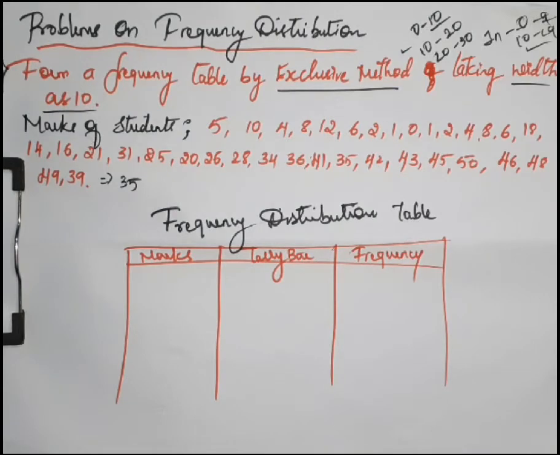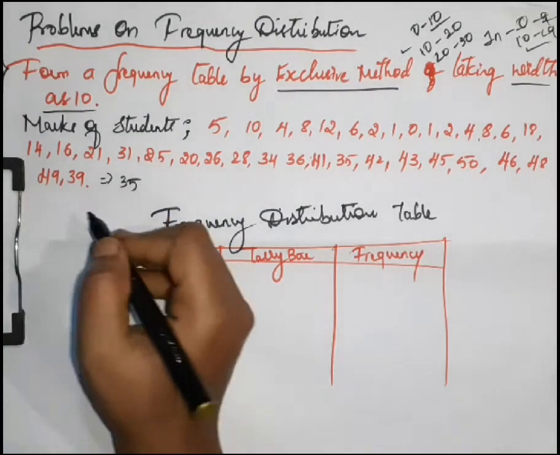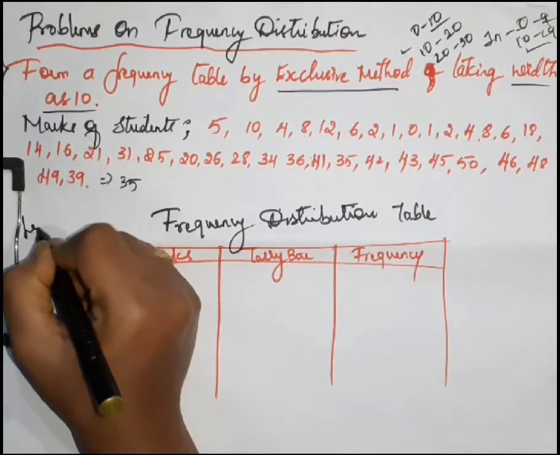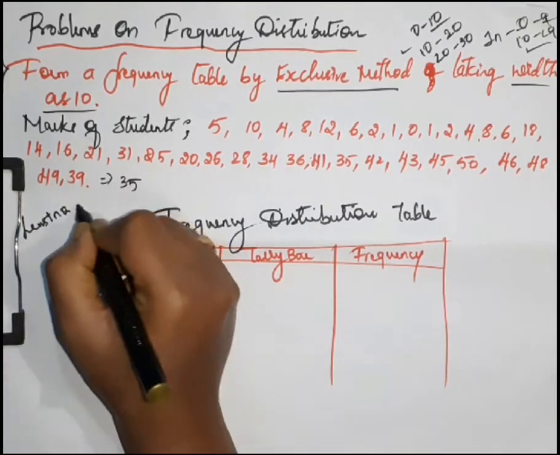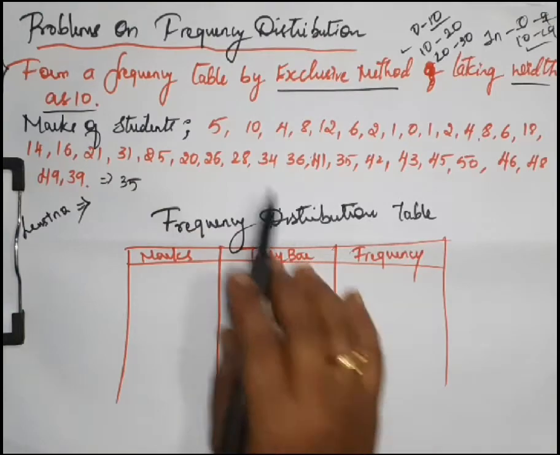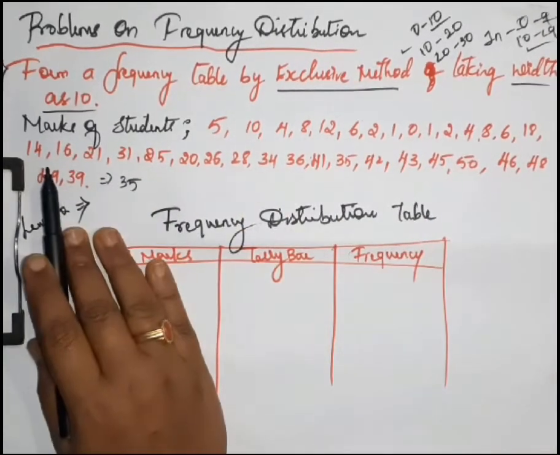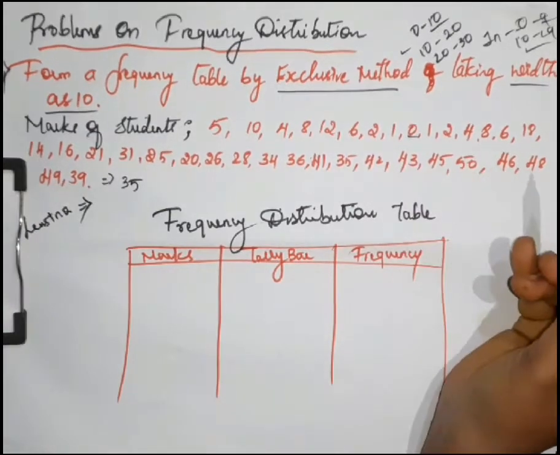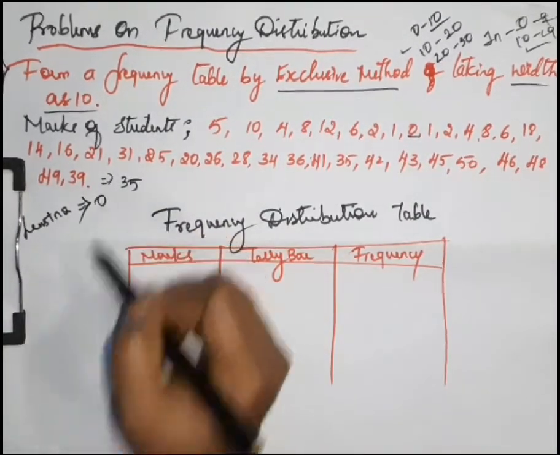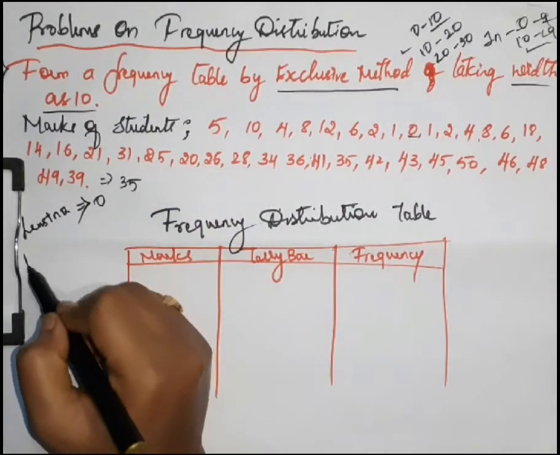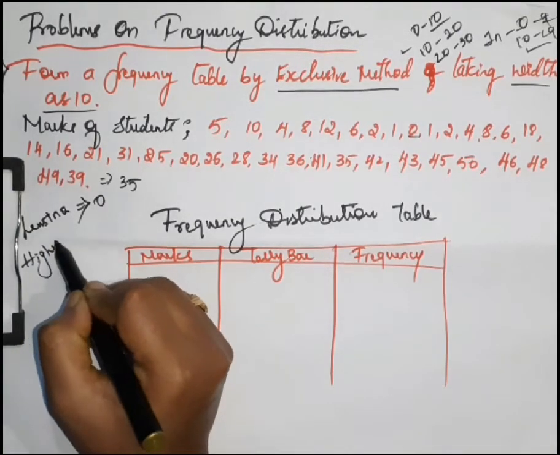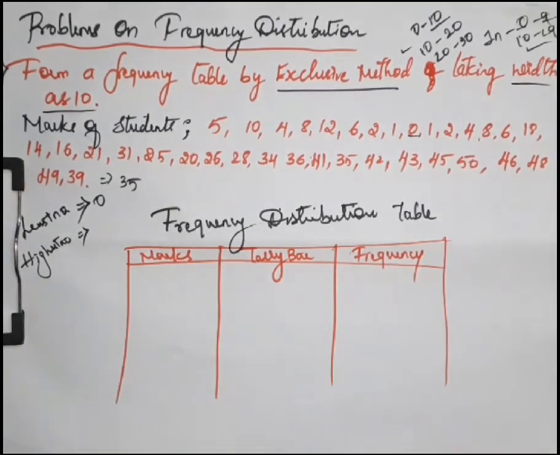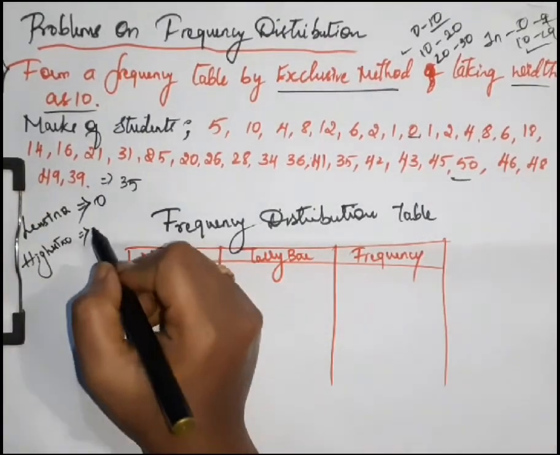To frame these class intervals, first we have to take the least number from the given information. Considering the marks of the students, we get the least number as 0. In the same way we have to take the highest number also. Looking at the numbers, the highest value is 50.